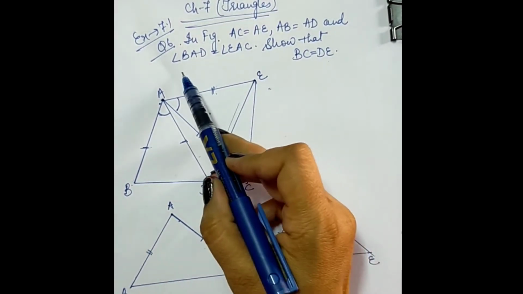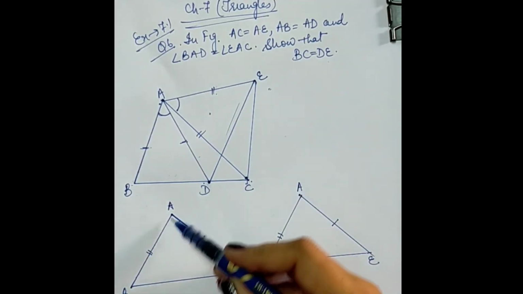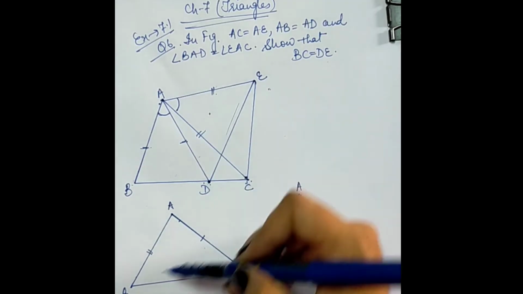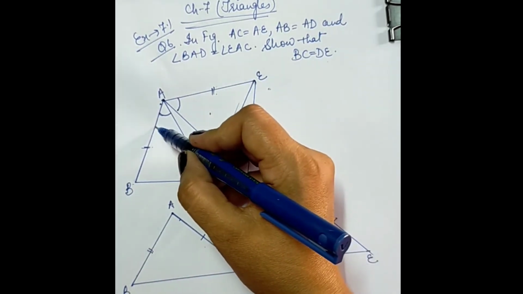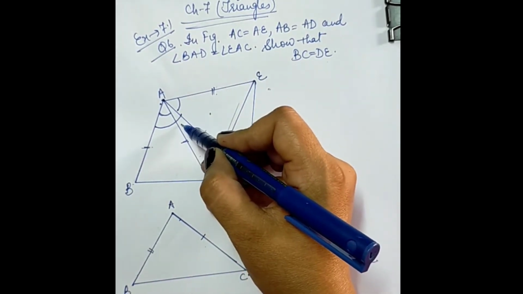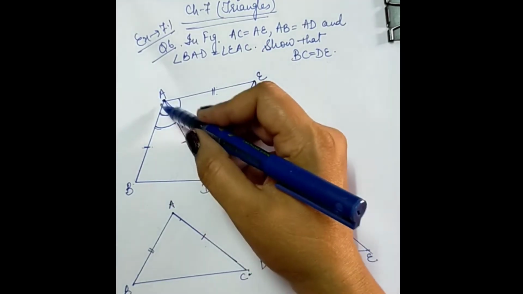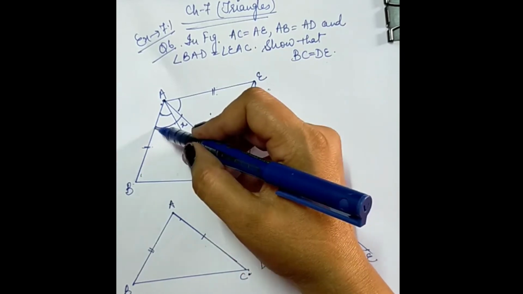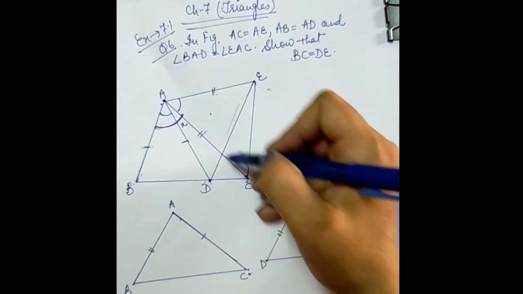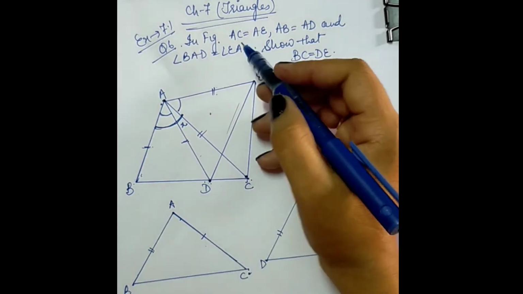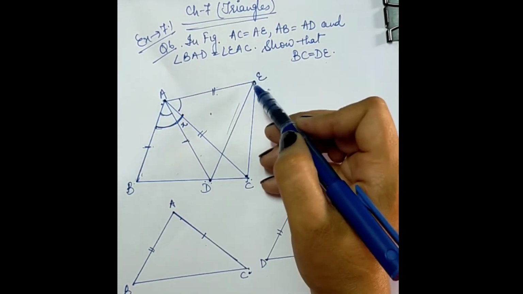Now the third thing, BAD. Here we have BAC, not BAD. We have been given BAD and we have to make it BAC. So how can we make it BAC? If I add this angle X here in this figure, BAD plus X will give me this much angle, that will become BAC, which is the requirement of this triangle as well. Similarly, another one I have been given as EAC.